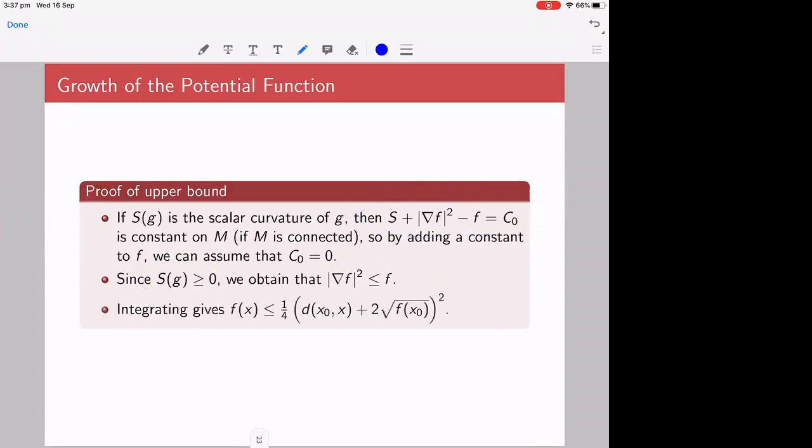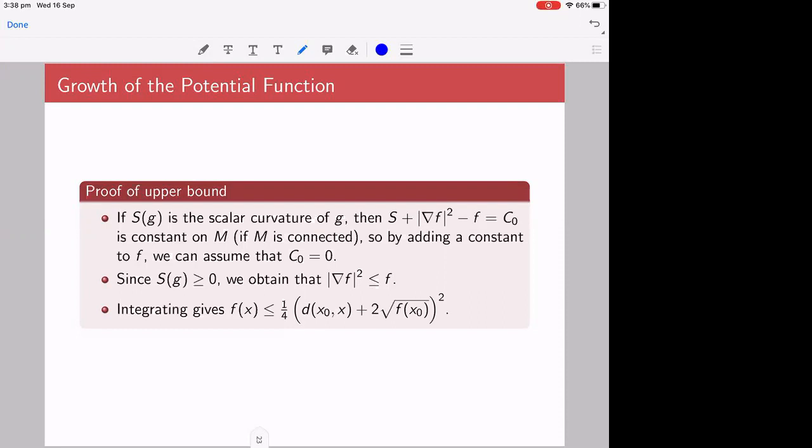What you do is integrate it out, and you end up with this estimate here. f of x is controlled by a quarter times the distance between x0 and x, plus 2 times the square root of f of x0. Now, I haven't actually told you what x0 is yet. At this part of the proof, x0 can be anything. So for now, just pick any old x0. You do this, and you get your upper bounds taken with respect to x0.